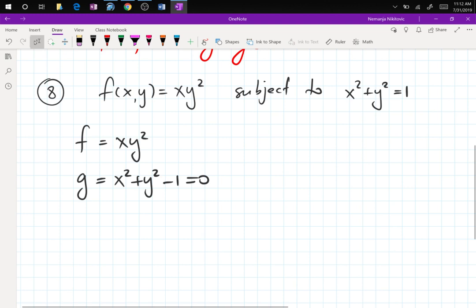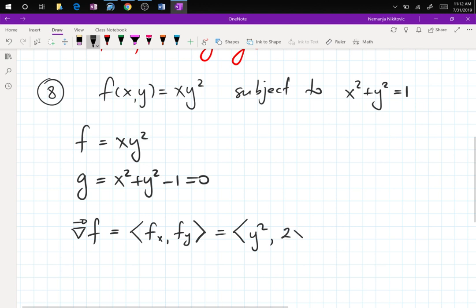del f, which is the vector of partial derivatives. We did that 2 days ago. We know it's a vector of partial derivatives of f. So fx is y squared, and fy is 2xy.